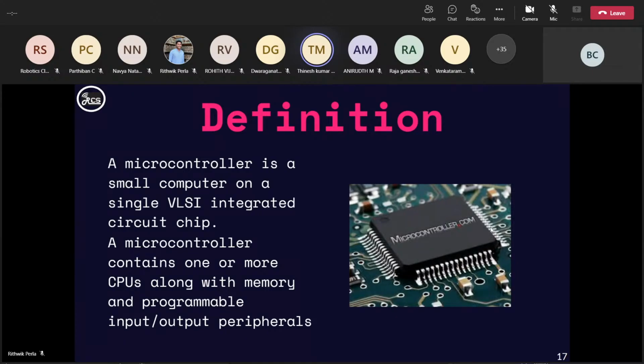Let me repeat it again. It is an integrated circuit or a chip that is programmed by us to do a specific function or task. You can also call it a mini computer sometimes. It is a mini computer in a sense. So this is the basic definition, guys. Let's move on to see the core elements of a microcontroller.